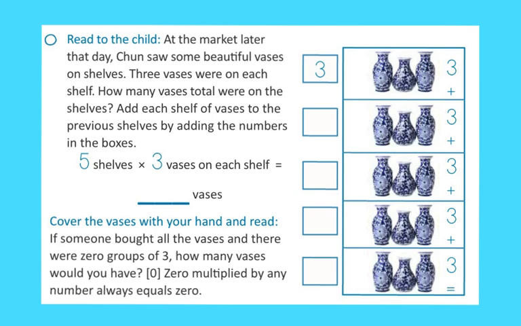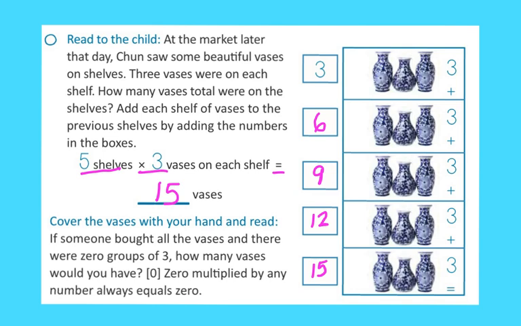So 3 plus 3 more is 6, plus 3 more is 9, plus 3 more is 12, plus 3 more is 15. And we know from practicing our multiplication facts that 5 times 3 equals 15.